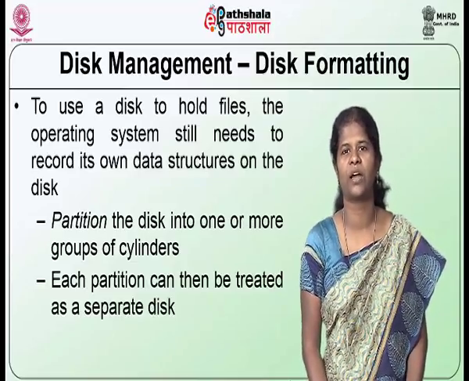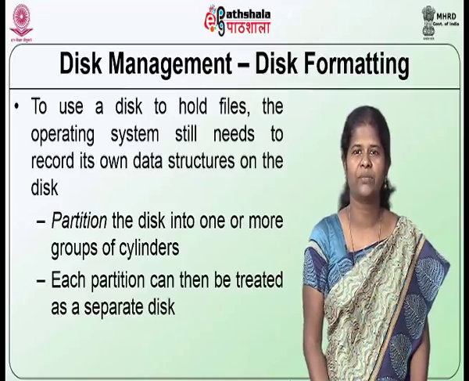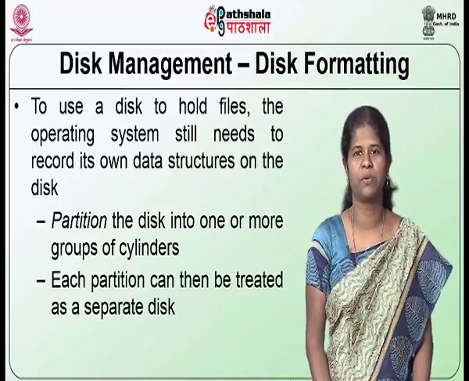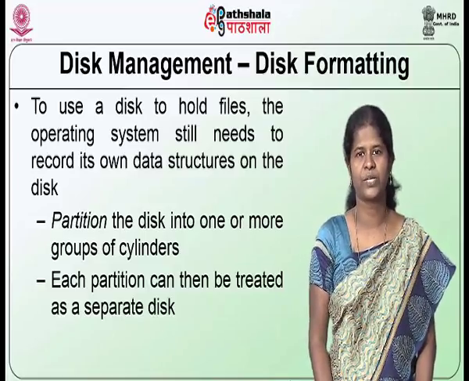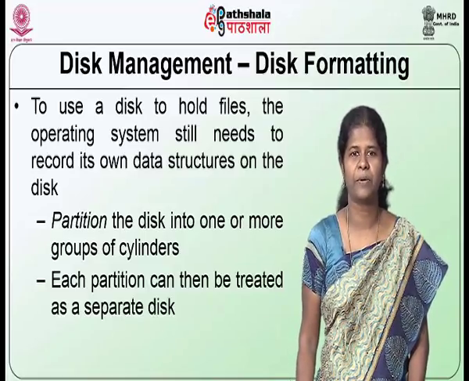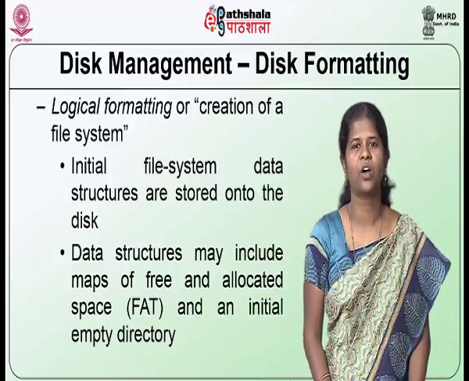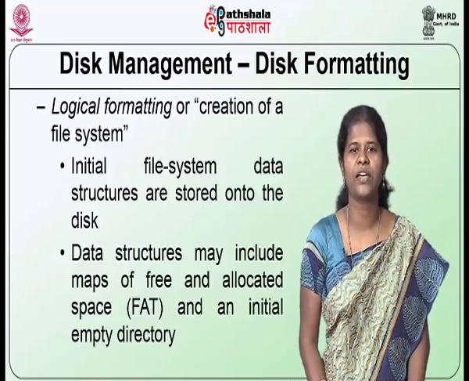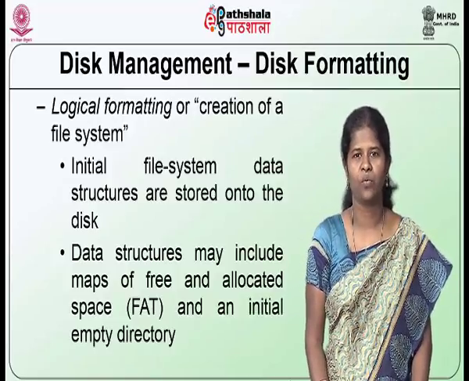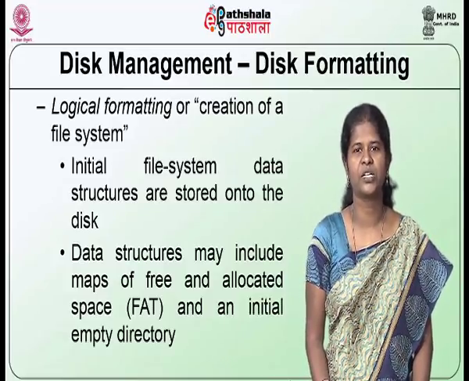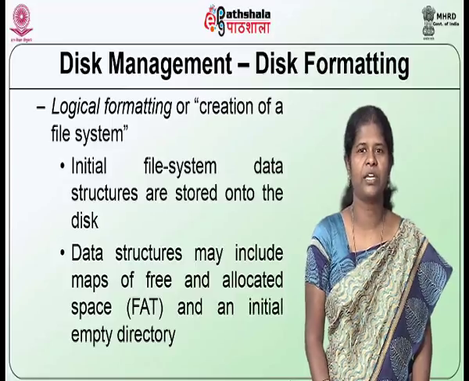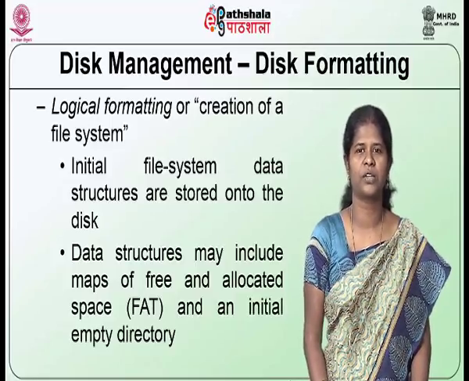We have machines where there are multiple partitions, and we can even have a different operating system. Maybe you can have a Windows partition, and a Linux partition and so on. Each partition can have a separate file system. This logical formatting, or creation of a file system, involves putting some file system related data structures into the disk. So, some initial data structures have to be put into the disk.